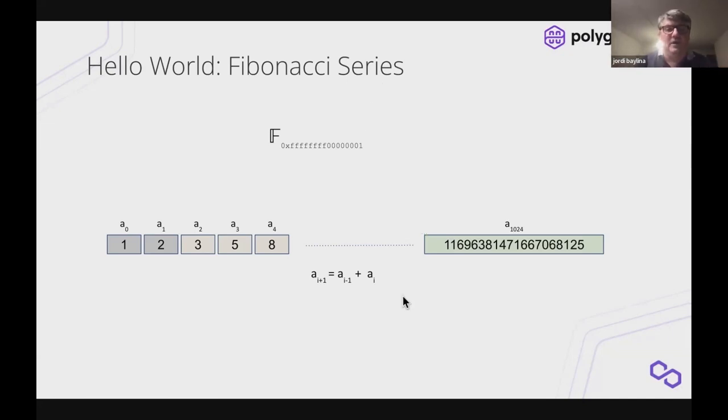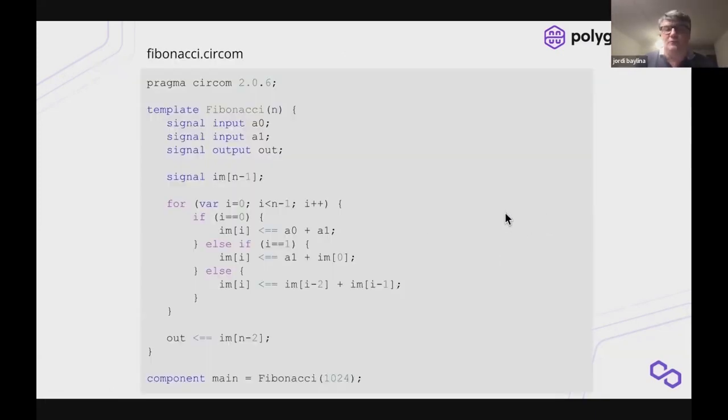In this case, we have a number, and I want to prove that I have two numbers that, when I compute the Fibonacci series 1024 times, give this number. If you do it in Circom, that would be quite easy. You just create these relationships between signals.